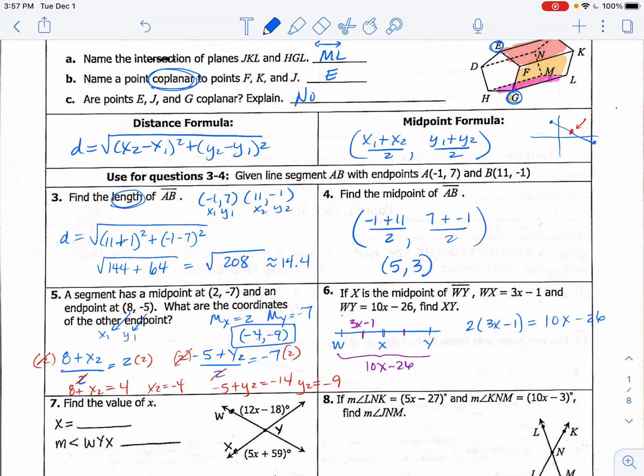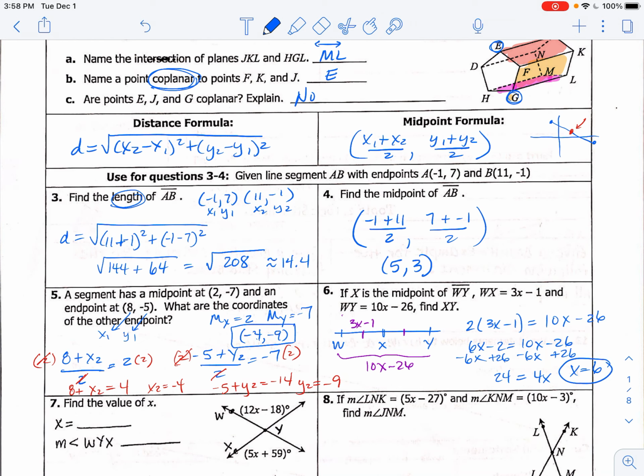Let's distribute and combine our like terms. So 2 times 3x minus 1 will give you 6x minus 2, equals 10x minus 26. Let's take away 6x on both sides and add 26 to both sides. So I end up with 24 on the left is equal to 4x. If I divide both sides by 4, x is equal to 6.